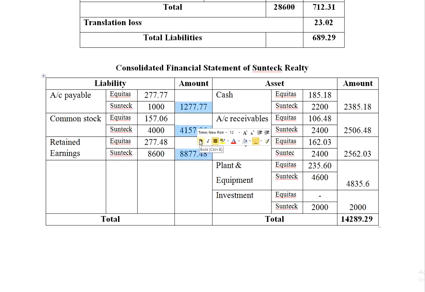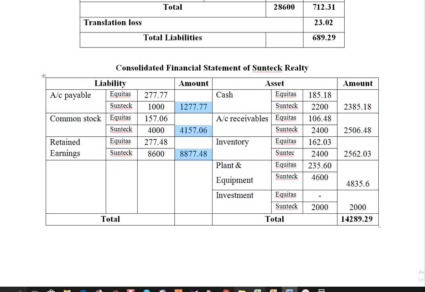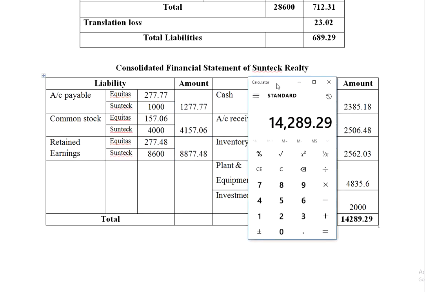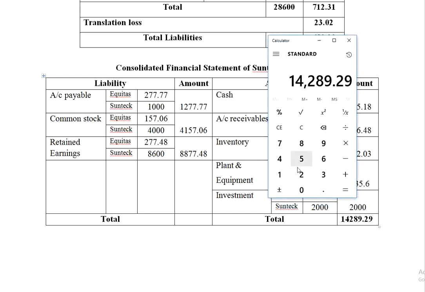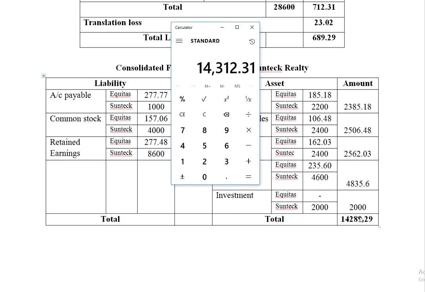If you add all these three things, it is going to be much higher or lower. So whatever comes, it can be converted, right? So 1277.77 plus 4157.06 plus, and this one 8877.48, so total is 14,312.31.